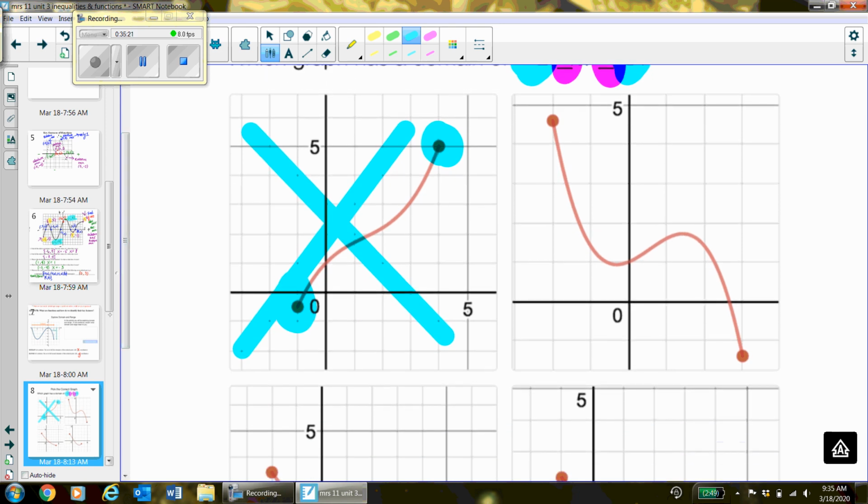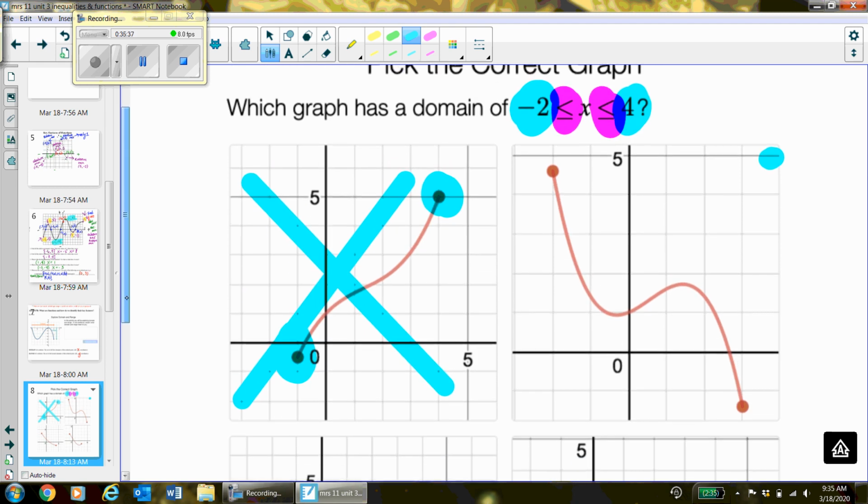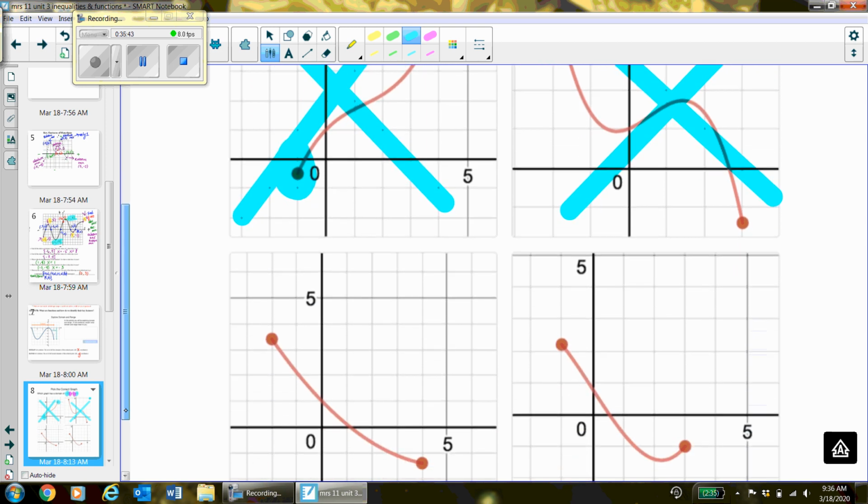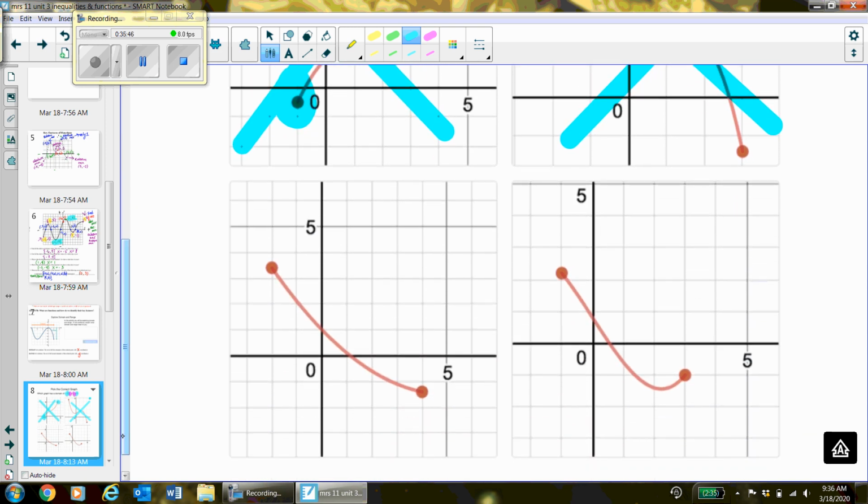So this is not a graph that represents the domain given to us. The graph on the right is starting at x equals -2, and it's ending at x equals +3. Again, we want our graph to end at +4, so this is not the graph we're looking for. Now moving on to the bottom left.